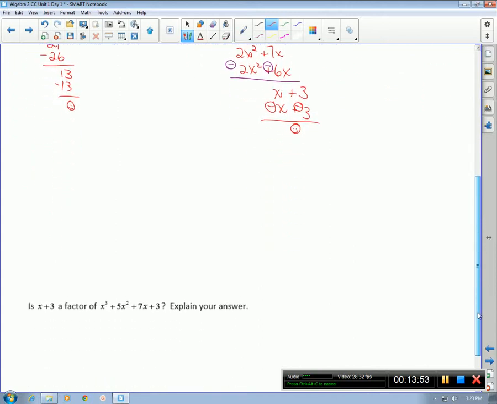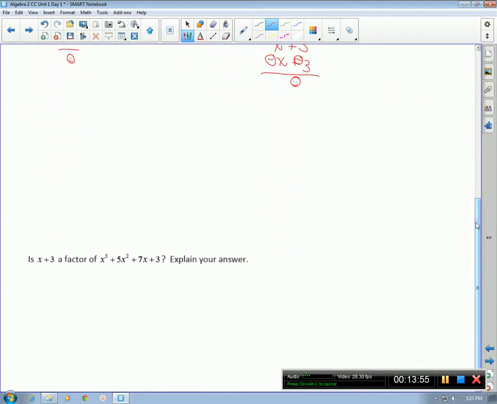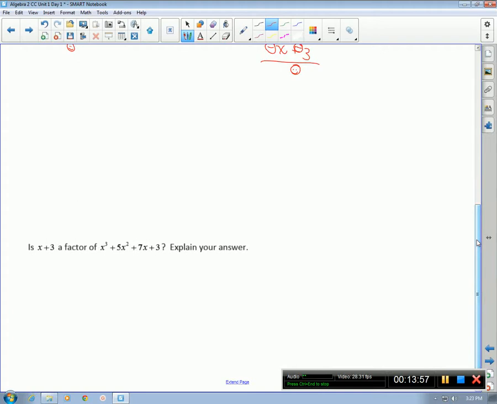Now I really just want to practice both of these methods with you. This final question on the page says, is x plus 3 a factor of this polynomial? Yes. And our reason for that? Because the remainder was 0.